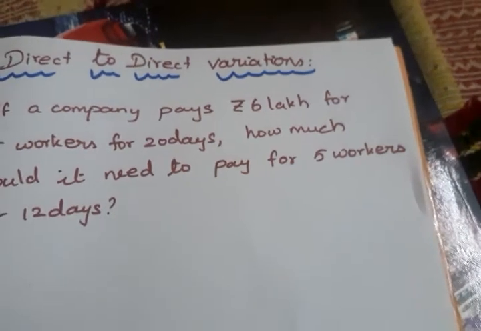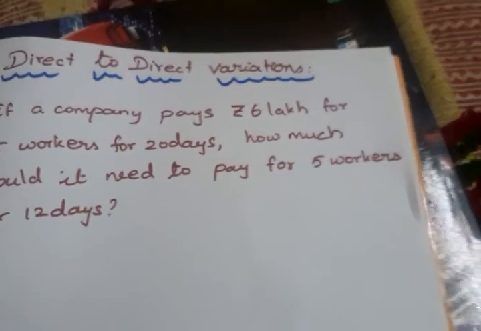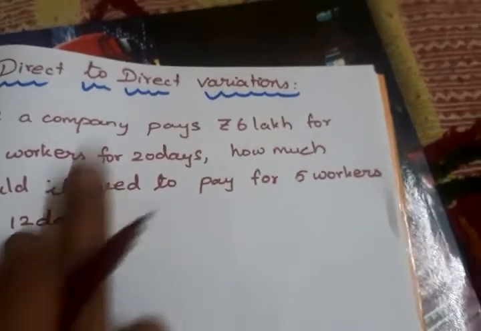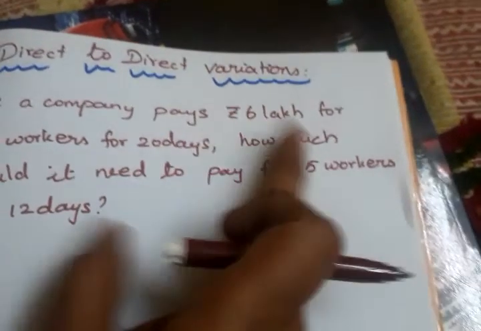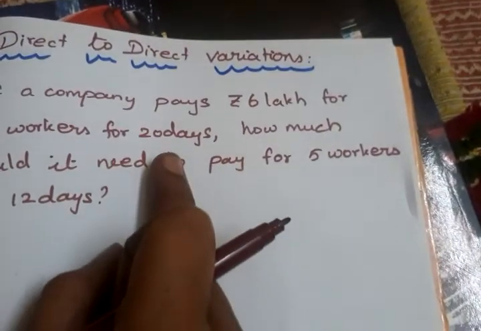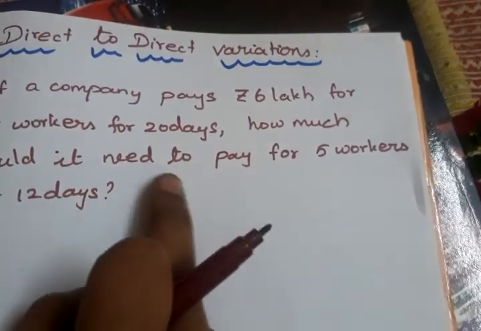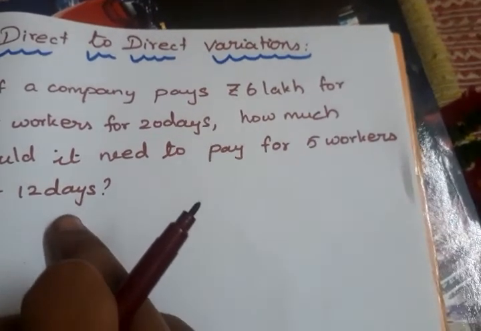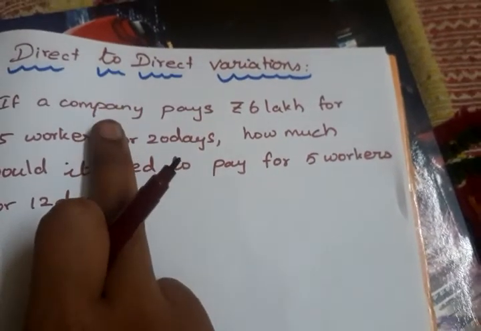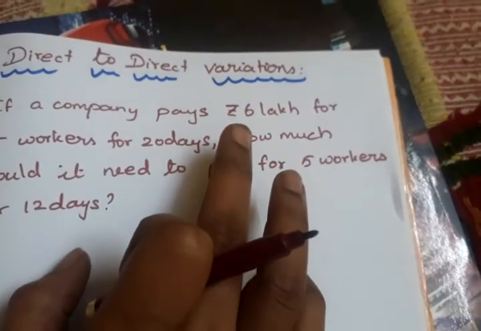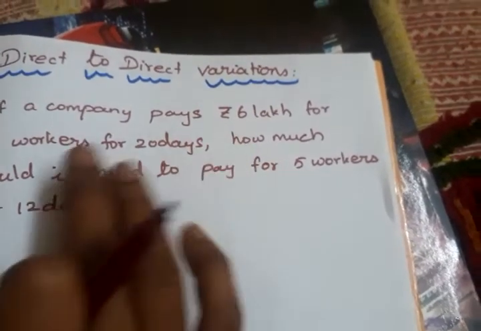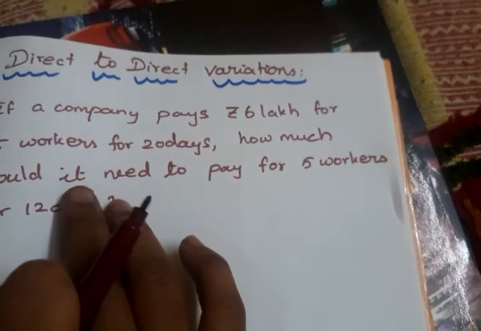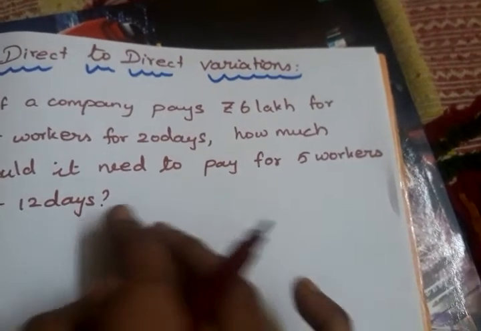First method is a direct to direct variation. If a company pays rupees 6 lakh for 15 workers for 20 days, how much would it need to pay for 5 workers for 12 days? This is a direct to direct proportion. The first quantity increases or decreases, and the second quantity also increases or decreases.